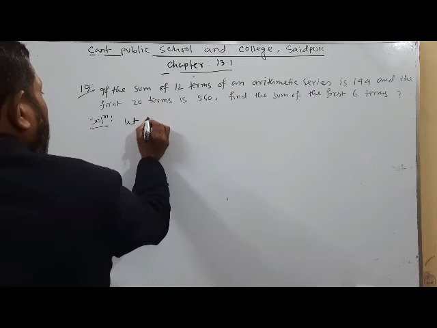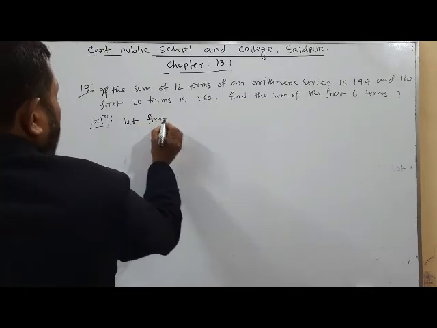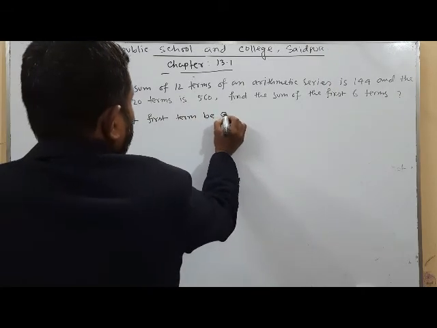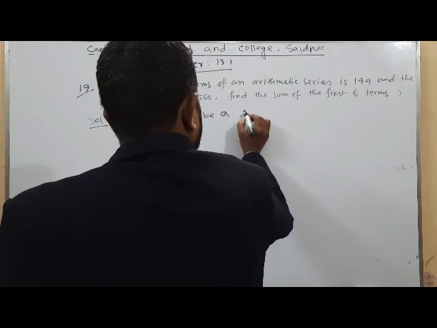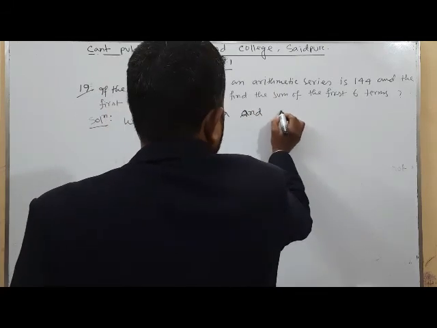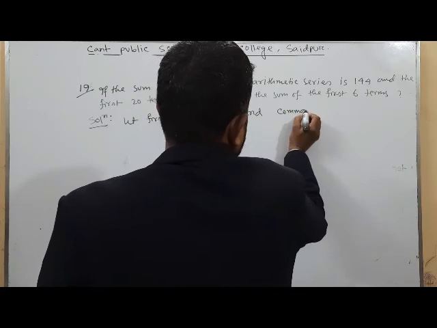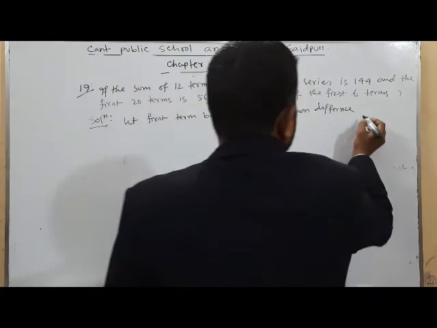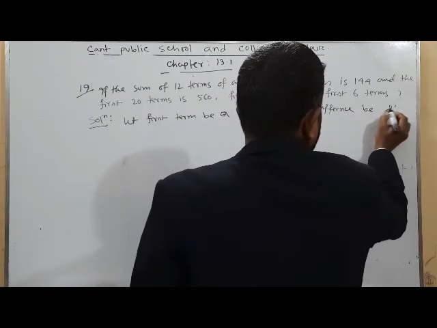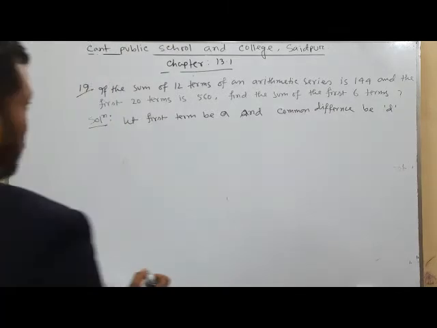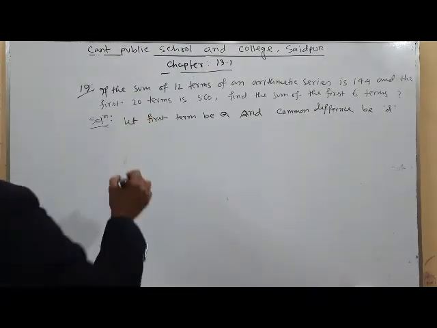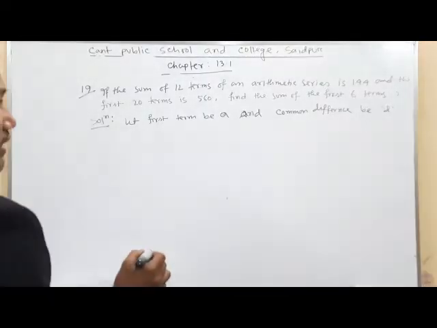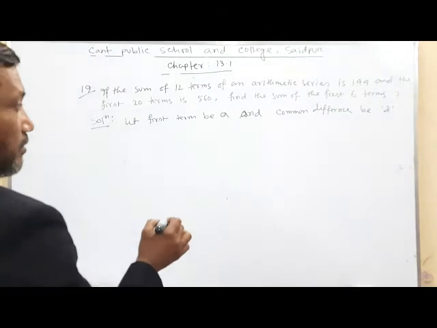Let the first term be A and the common difference be D. So according to this question, the sum of the first 12 terms of that arithmetic series will be 144.